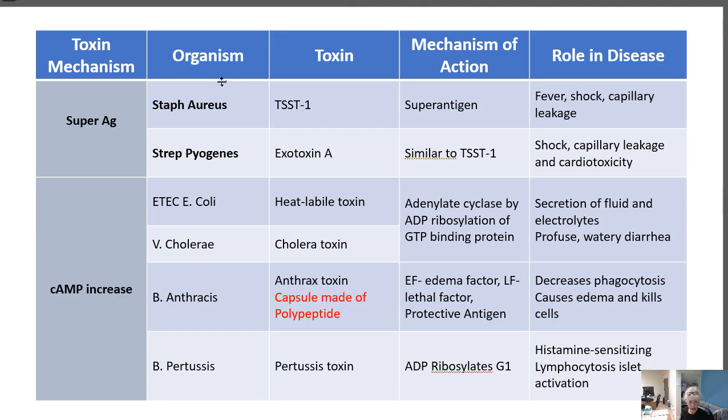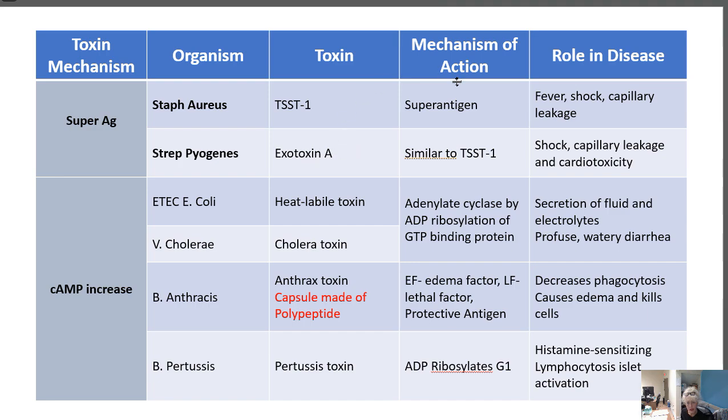So here, looking at the toxin mechanism of superantigens, those bacteria that possess superantigens are Staph aureus and Strep pyogenes. A toxic shock syndrome toxin 1 for Staph aureus, and exotoxin A for pyogenes.